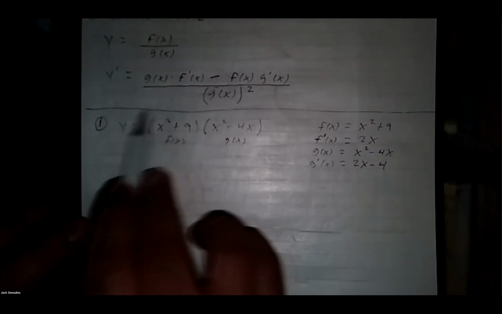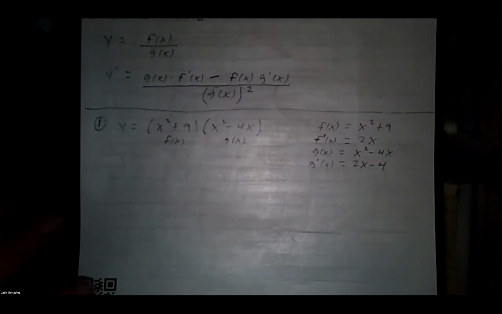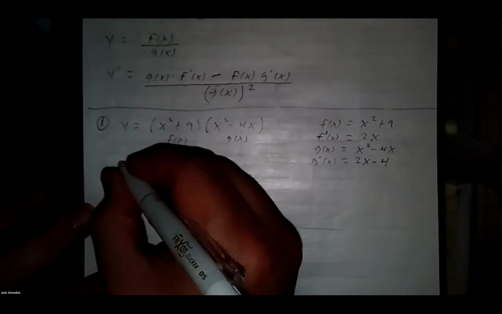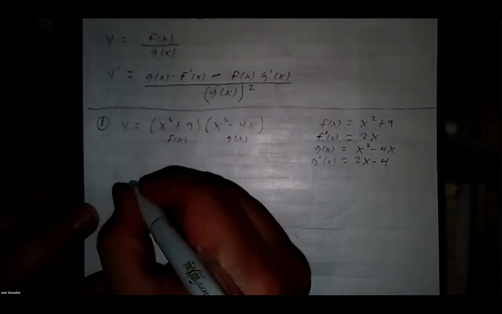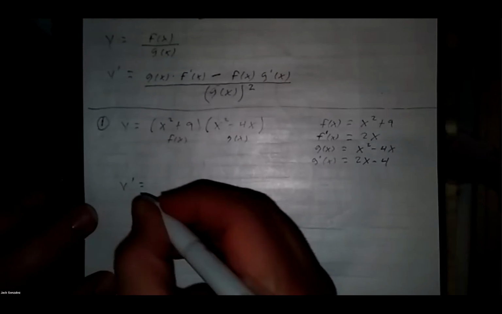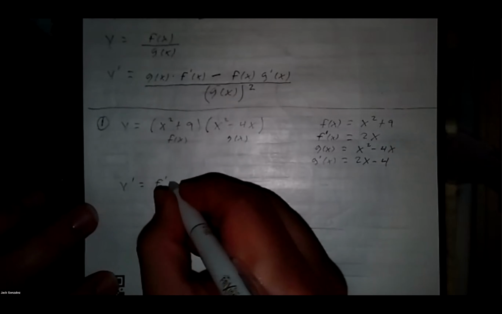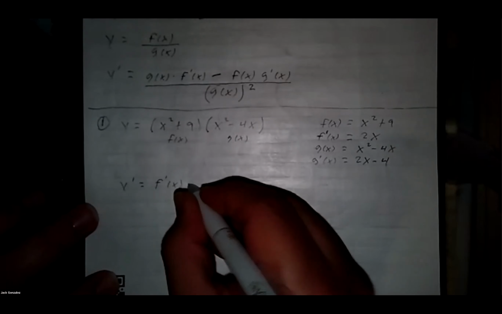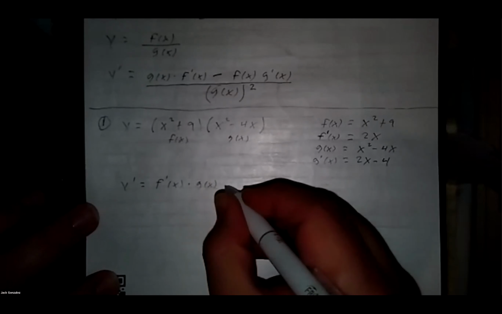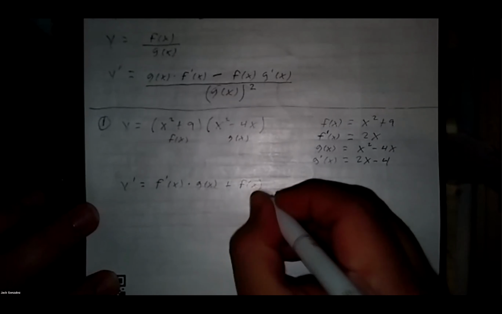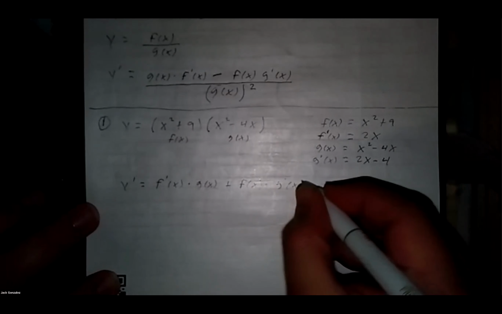So following the formula, the derivative of the entire function, y prime, is simply going to be, we said f prime, write the formula again, g plus f of x times g prime.